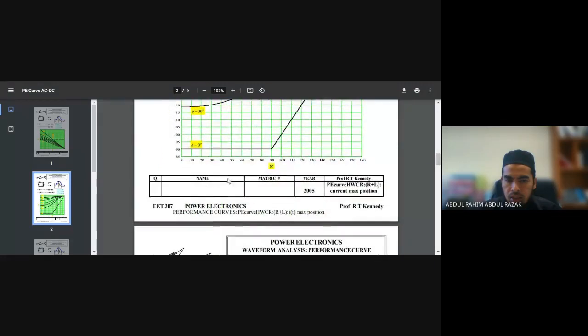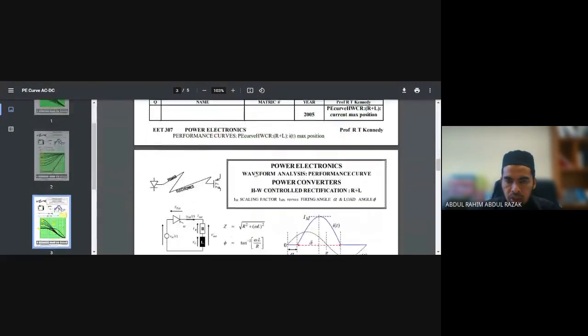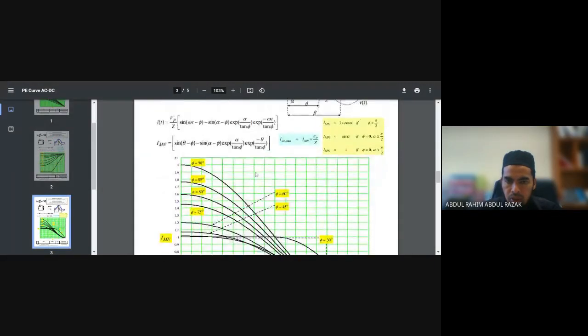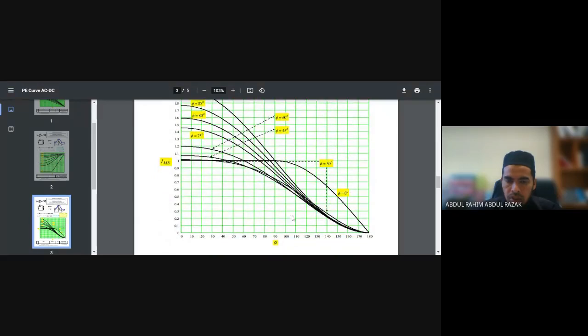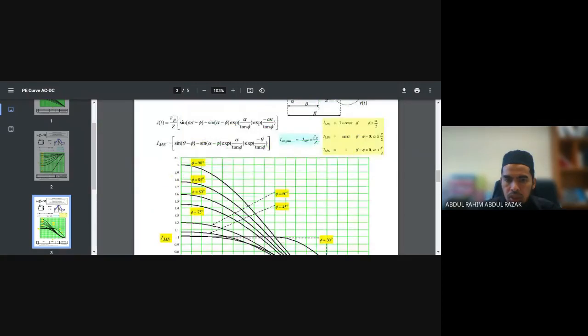Theta here is not yet being used, but you can refer to it. This shows what will happen to your maximum SCR current when we adjust the alpha.